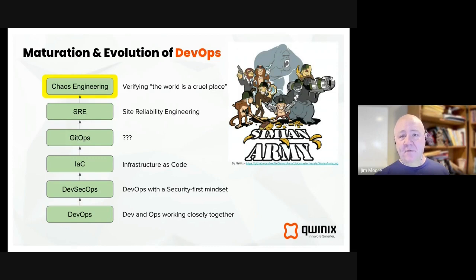The company that really put this on the map was Netflix, where they had Chaos Monkey originally, and then they developed a whole suite of tools around it that they called the Simian Army. That's been largely deprecated now. They've got other ways of doing that now with the more modern technologies. But this is what really put this idea on the map.